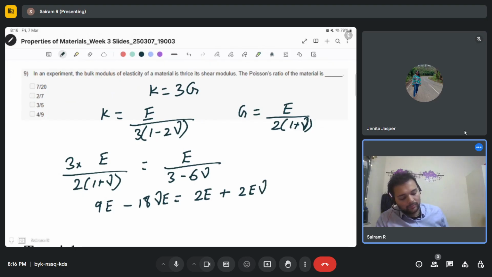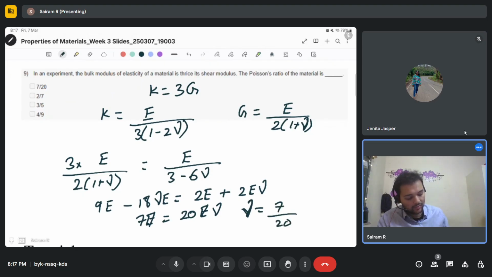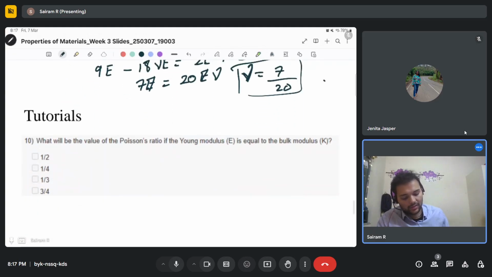Bring it this side, so it becomes 7E equals 20E nu. So nu basically is 7 by 20. We have 7 by 20 over here.